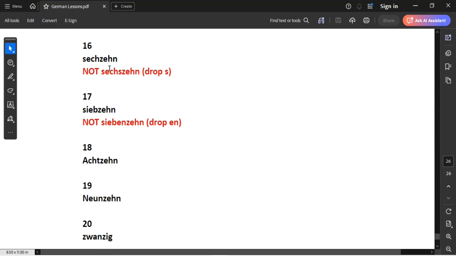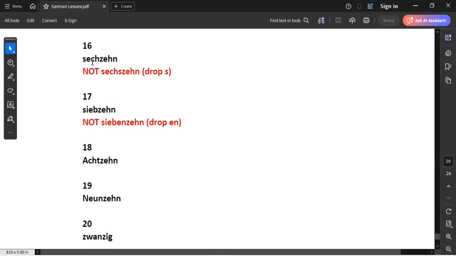So 16 is sechzehn. Then when you come to 17, also you are going to drop something. Remember 7 is sieben. So when you are combining it with zehn, you are going to drop the en, so that you read it as siebzehn, not siebenzehn. So it will be siebzehn.